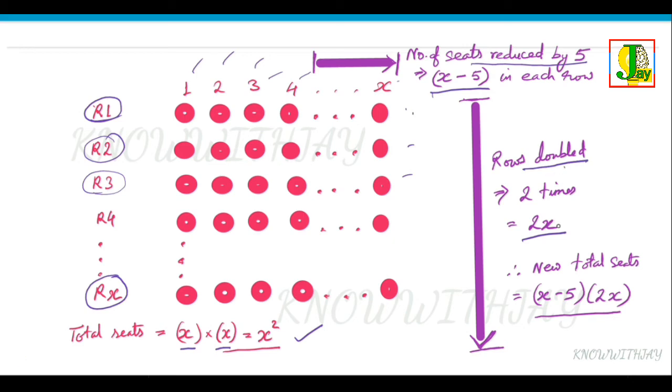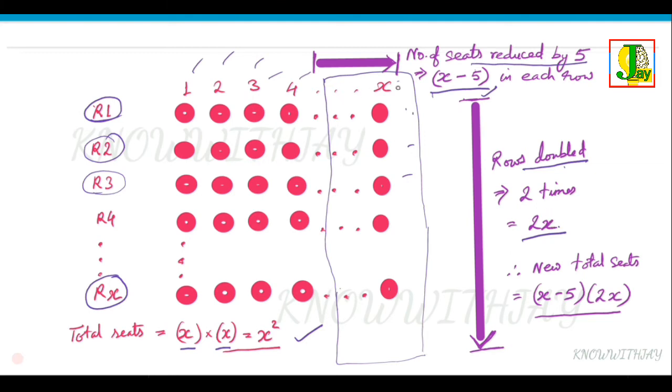So if we double the rows and reduce the number of seats in each row by 5, we have this part of the auditorium, and the rows are increased to 2 times.